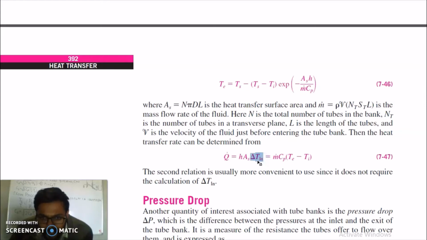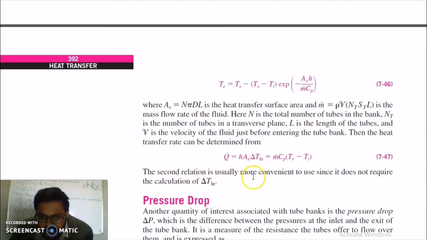This is because the temperature during the flow through the tube will change. So we have to take the logarithmic mean temperature, and the heat transfer is equal to the change in the energy of the fluid, which is m Cp times the temperature at the exit minus the temperature at inlet.